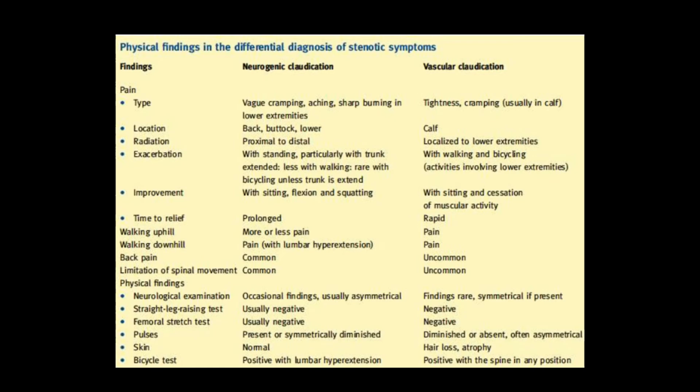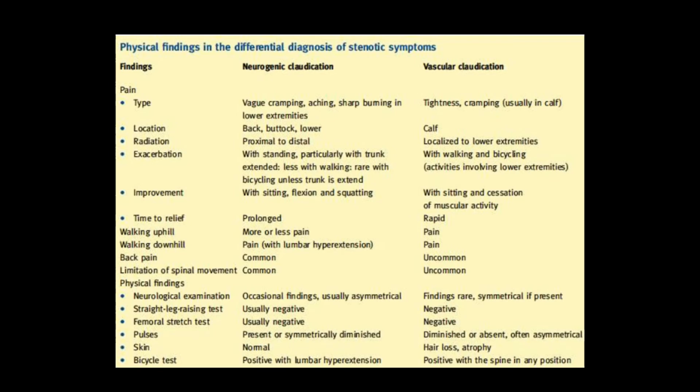As well, if we look at neurologic findings, there could potentially be some neurologic findings with these individuals. We won't see that with the vascular claudication folks, and if we assess lower extremity pulses, there typically will not be a problem if we're only dealing with neurogenic claudication, but if vascular claudication is present, we may see diminished or absent, even asymmetrical pulses of the lower extremities.